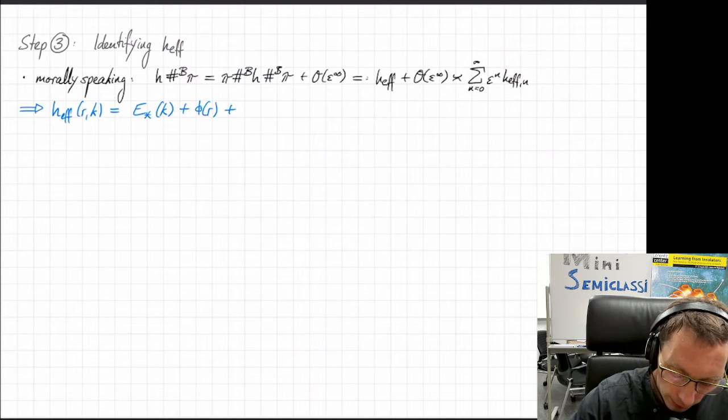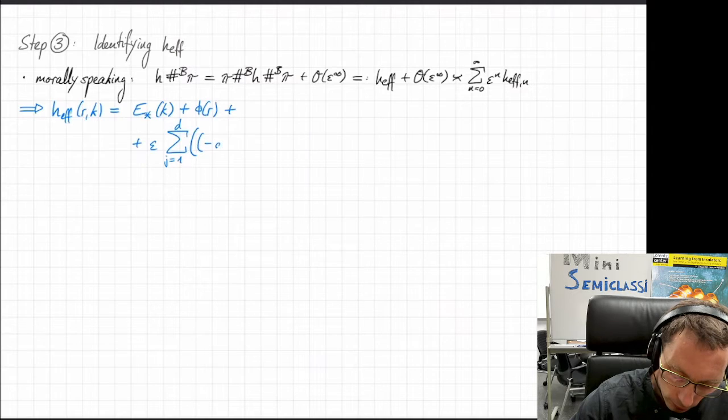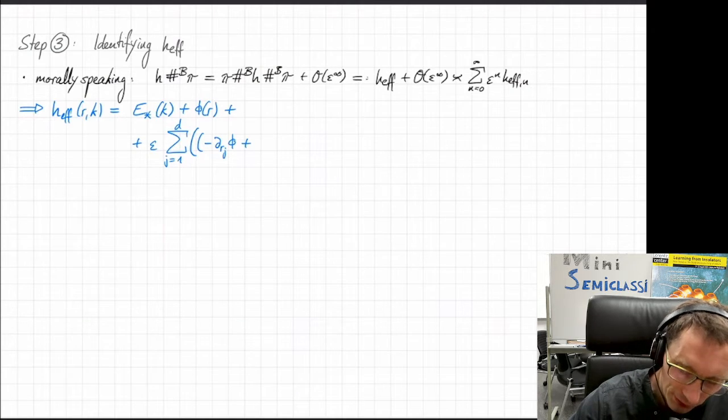And then we have a cornucopia of subleading terms. Let me be a bit careful in explaining what they are. So first we have what is essentially the Lorentz force. You will see that the first term is the jth component of the electric field.